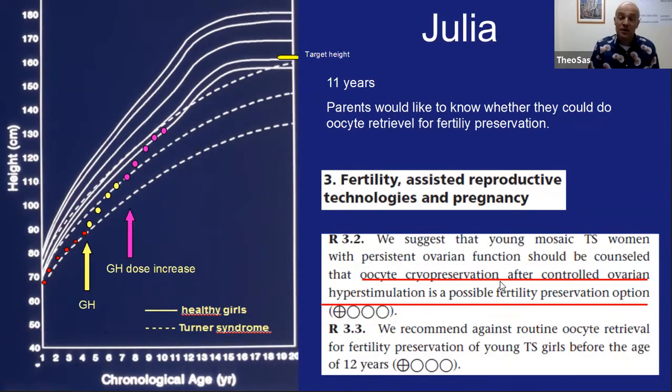Oocyte cryopreservation is possible, but you need ovarian hyperstimulation, and these things are not so easy for 12-year-old or even 15-year-old girls. And most girls will be young women, if they think about it, to have the hyperstimulation. So in this case, it seems not to be suitable for Julia.